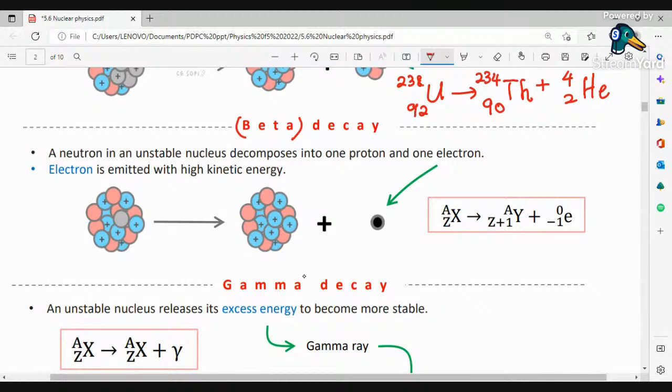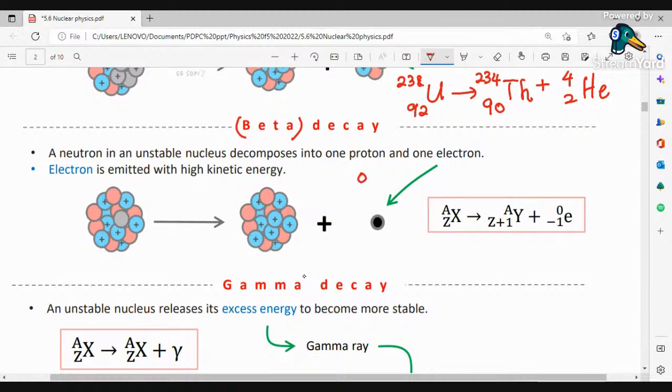Okay, a neutron in an unstable nucleus decomposes into 1 proton and 1 electron. Electron is emitted with high kinetic energy. Okay, so this is the unstable nucleus, okay, become more stable by emitting 1 beta.